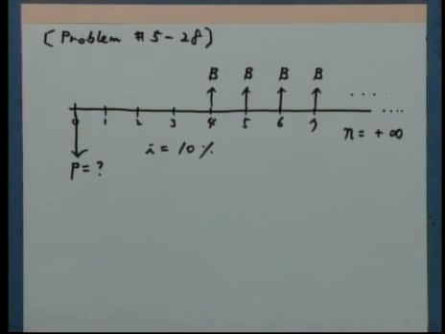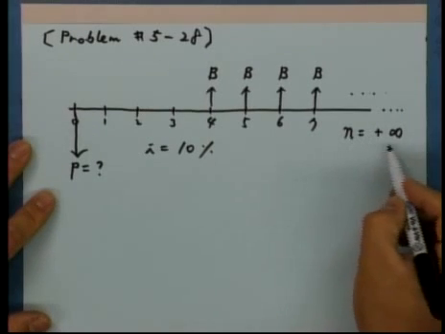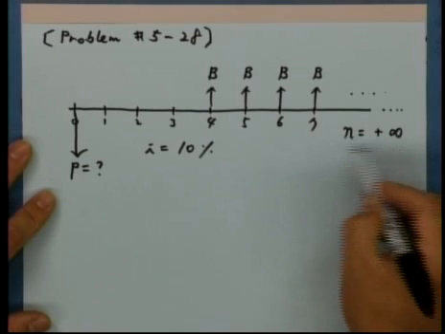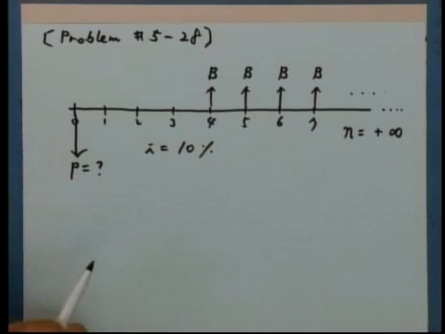So the given cash flow diagram presents an infinite analysis period, which is n equals positive infinity, right? So we have to use the concept of capitalized cost.